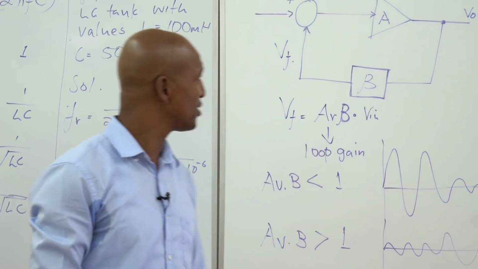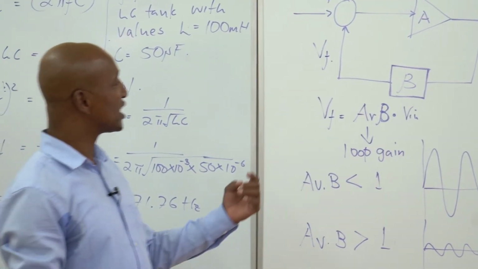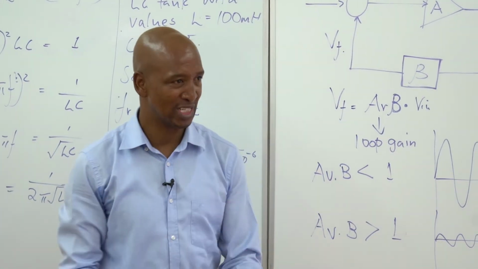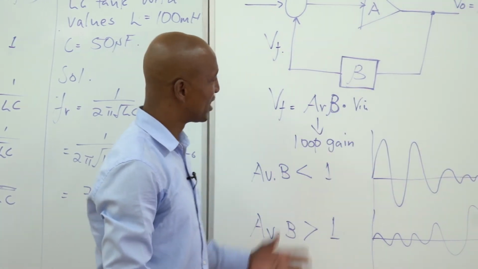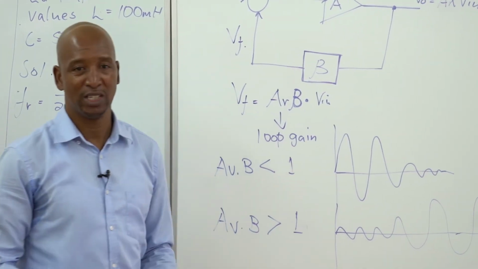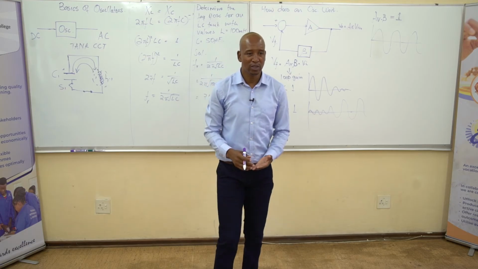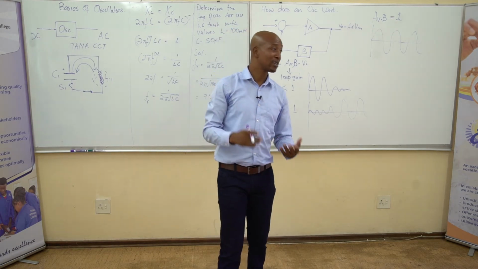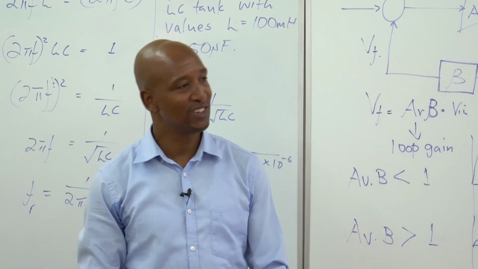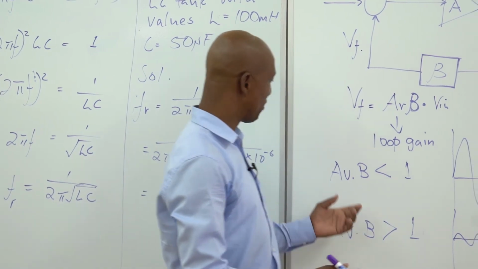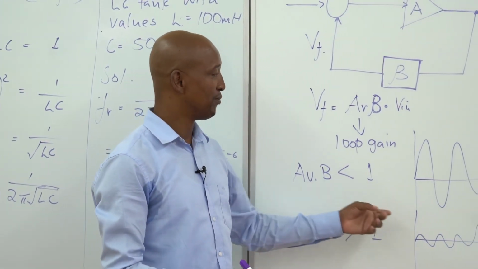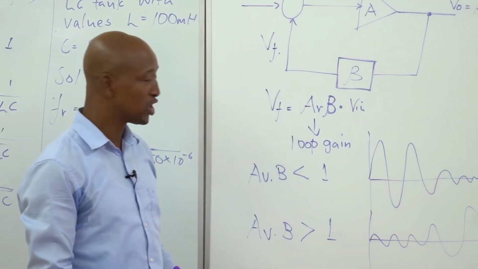So that is a condition for oscillation. You will note that for a circuit to oscillate, we need certain conditions. This condition is a must in oscillation. It is sometimes called the Barkhausen criteria. It covers that if our loop gain is less than 1, our oscillation will decay.